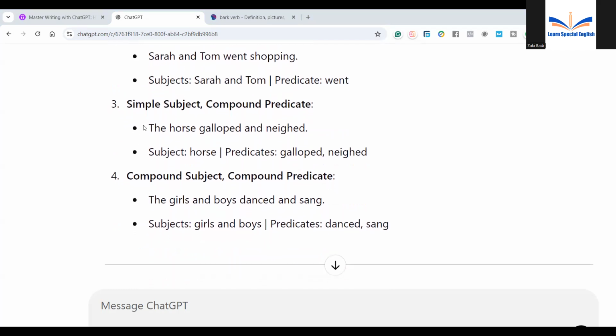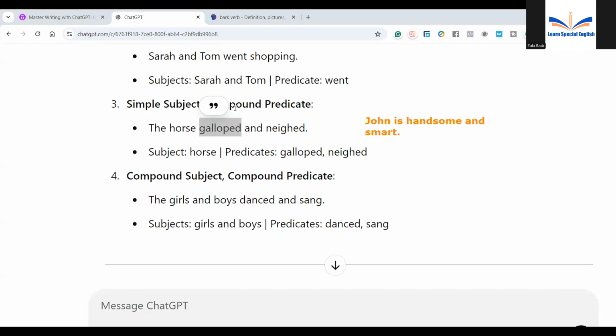Simple subject, one subject. Compound predicate, two verbs. How can we combine verbs? Using and. And can combine two words, not only verbs but other words as well. For example, you can say John is handsome and smart.